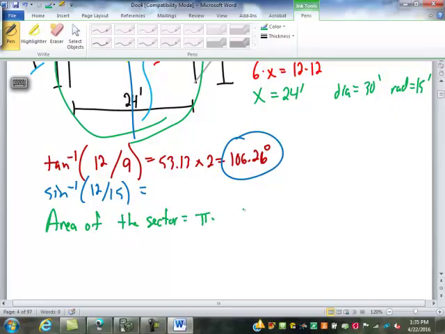Which will be pi times 15 squared times 106.26 degrees over 360 degrees.